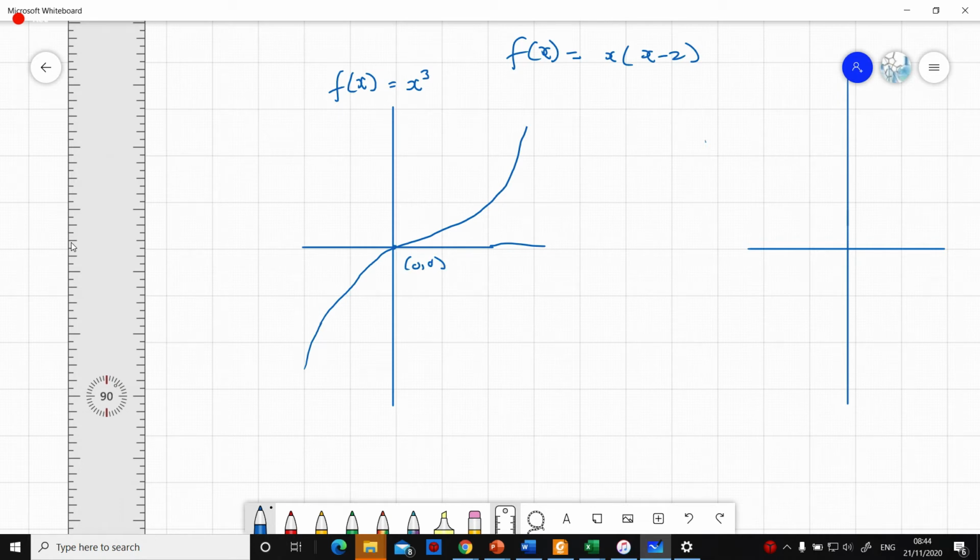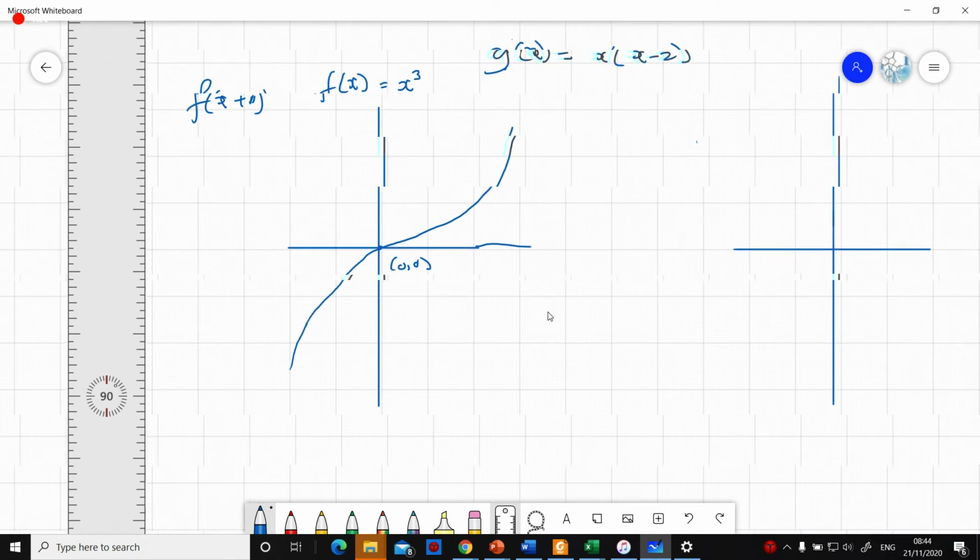So now they want us to shift the x cubed. If f of x equals x cubed, they want f of x plus 1. And we said in the question that should be g of x, it's a different function.